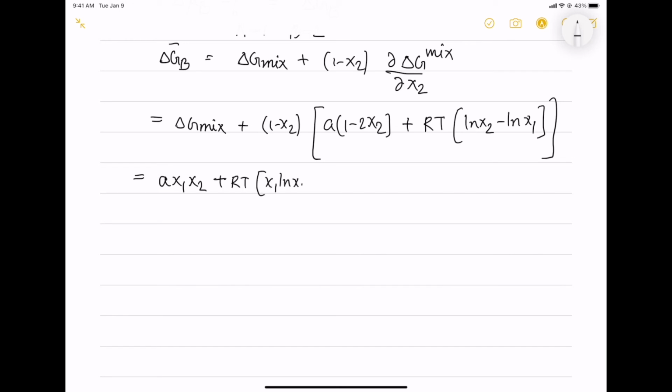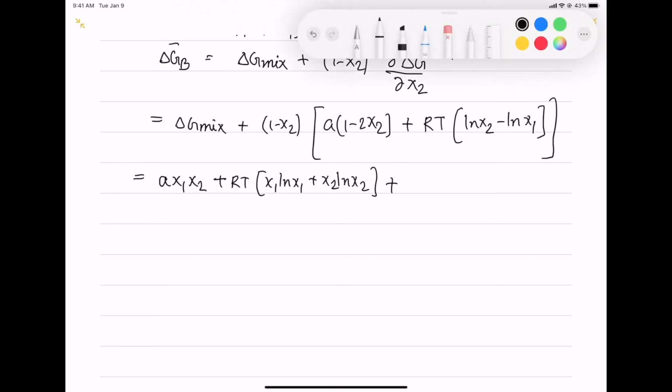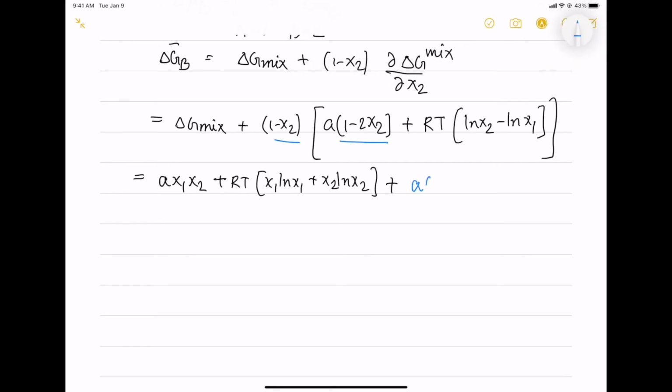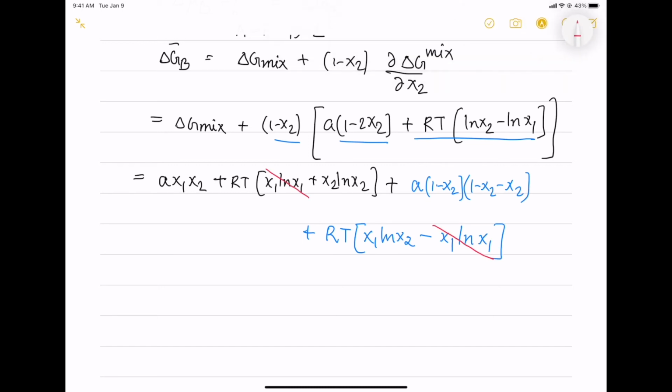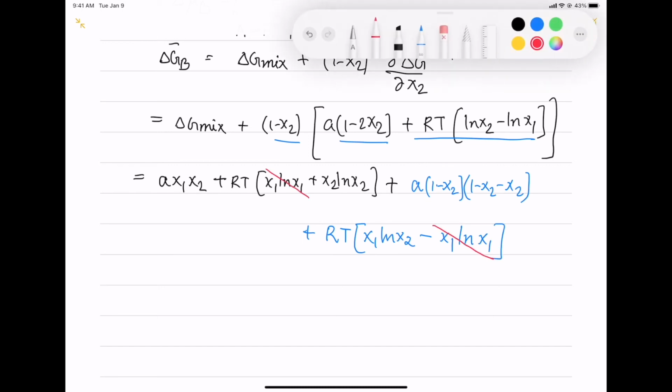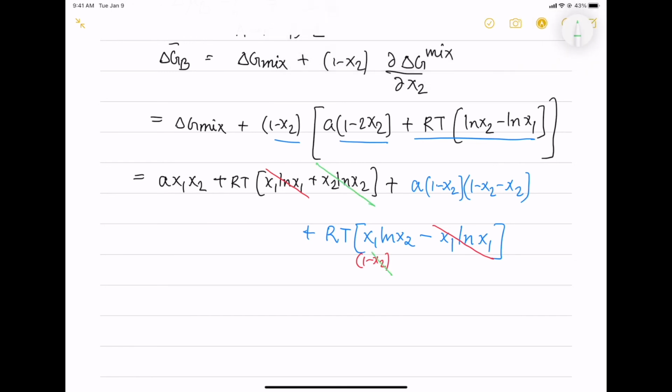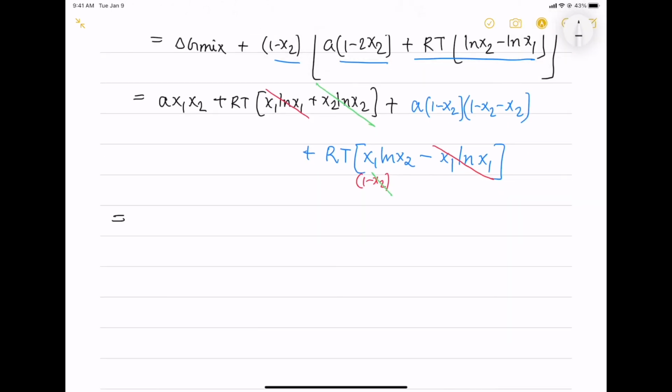Now I will expand the delta G mix and try to simplify this equation. So we have x1 ln x1 cancelled and we have x1 is 1 minus x2, so minus x2, and plus x2 ln x2 cancels. So we are left with RT ln x2.